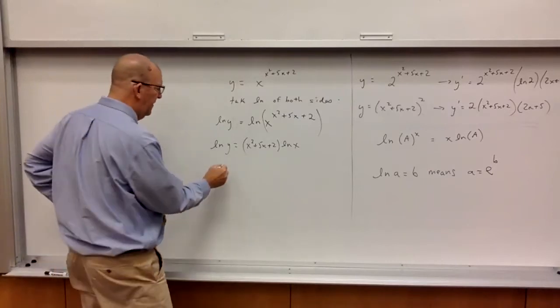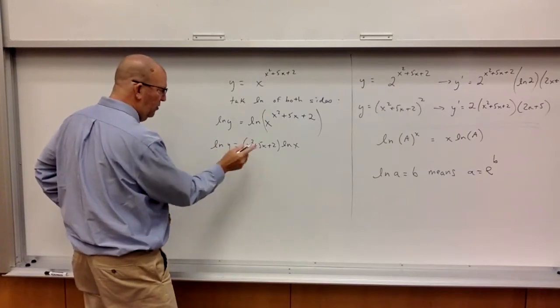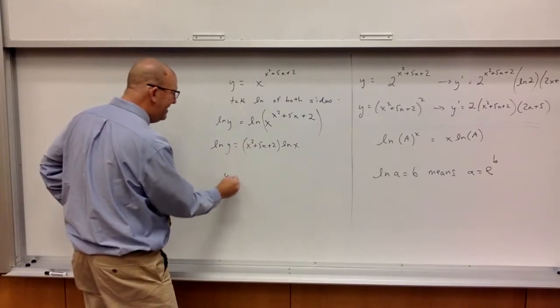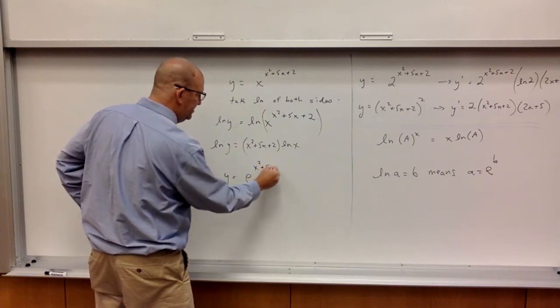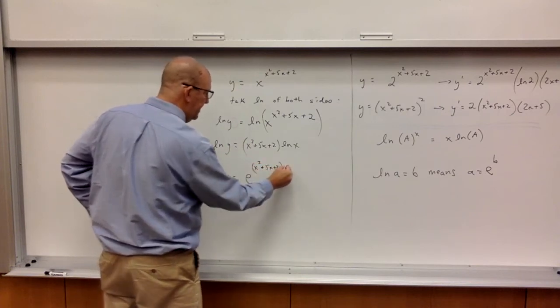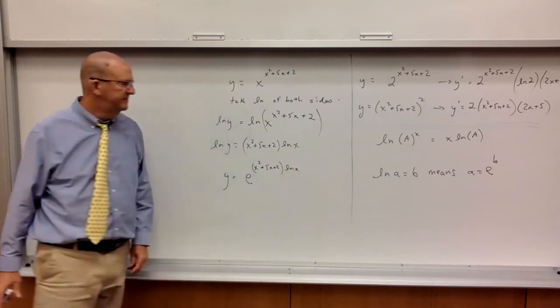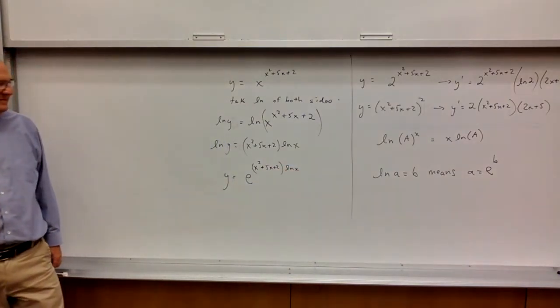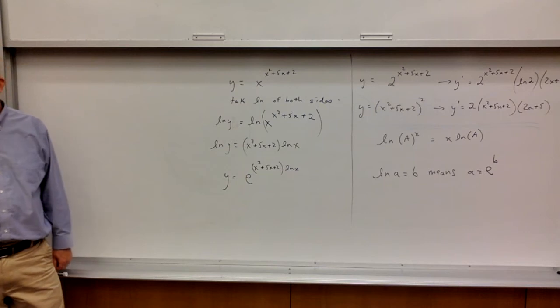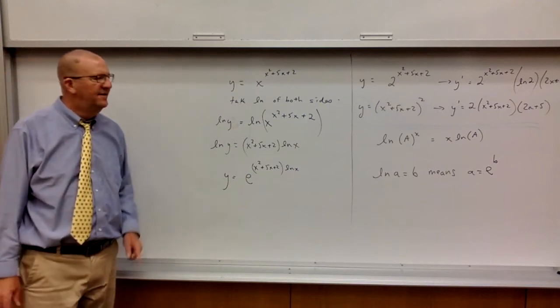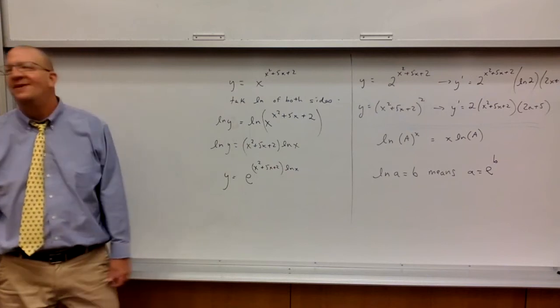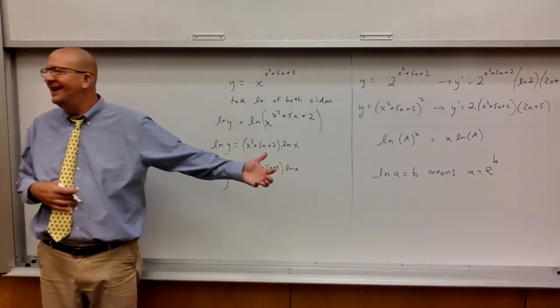So here we go. Natural log y equals that gobbledygook means y equals e to the x squared plus 5x plus 2 times natural log x. Not quite done yet. Oh my gosh, we have to go back to our memory again.